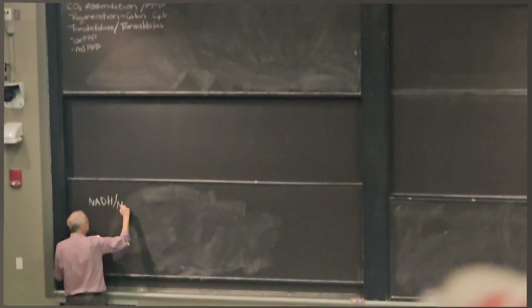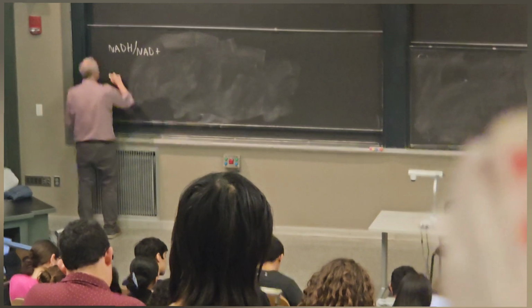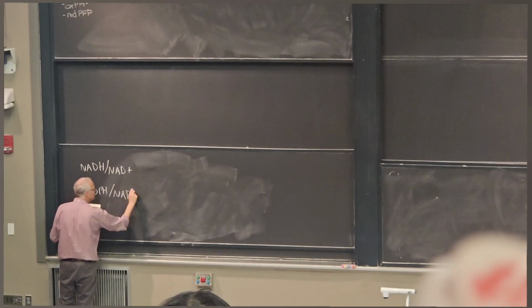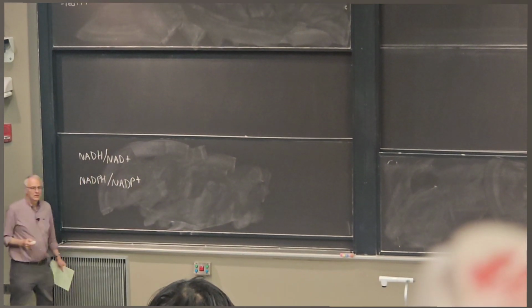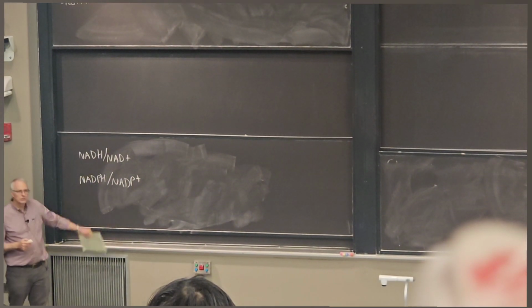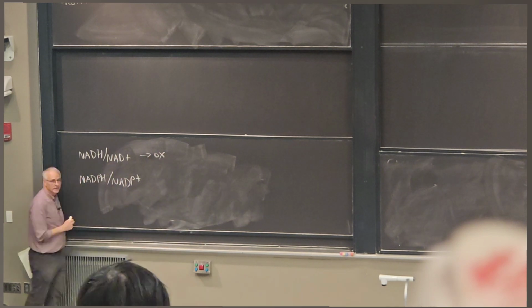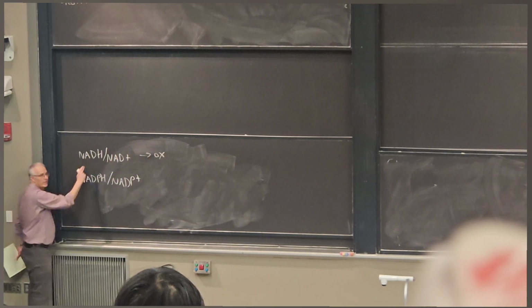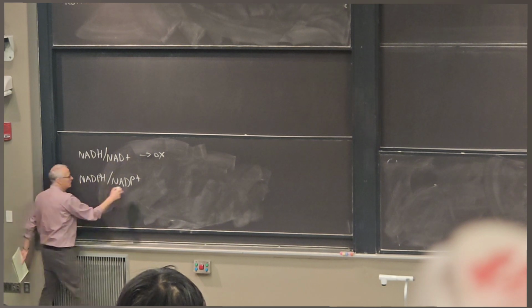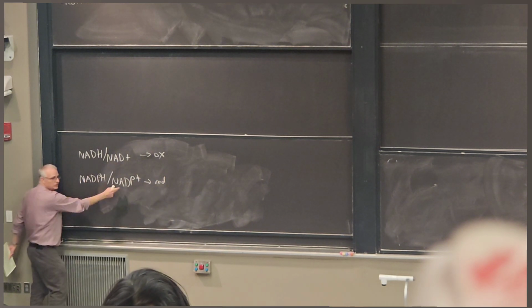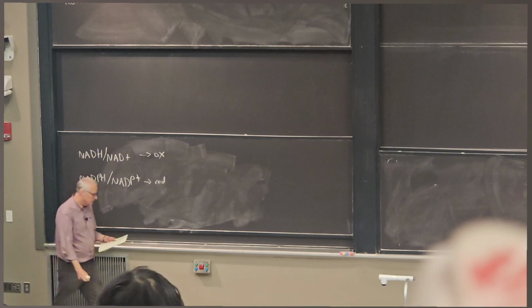Every single cell has an NADH to NAD plus ratio and an NADPH to NADP plus ratio, and these ratios are different in cells. The NAD one is more oxidized, meaning that NAD plus is higher than NADH. The NADP one is more reduced, meaning that NADPH is higher than NADP plus.